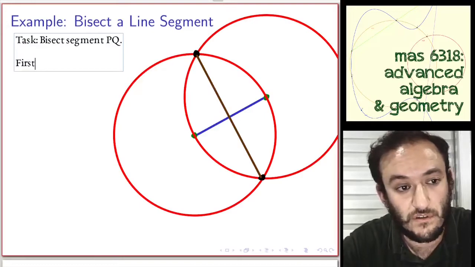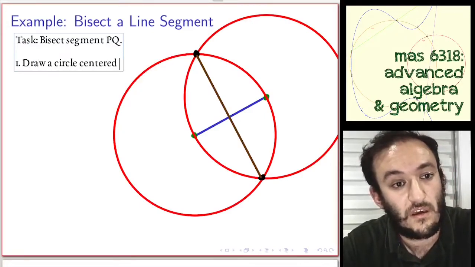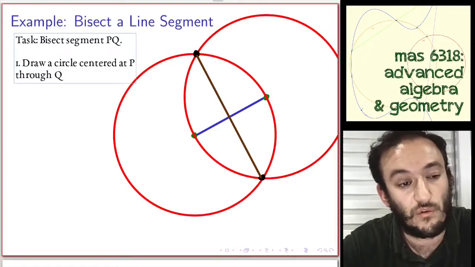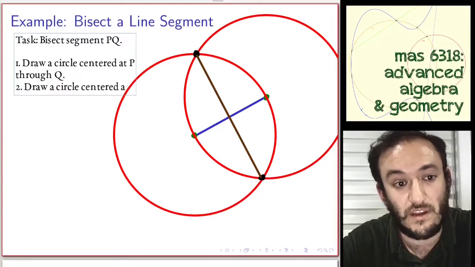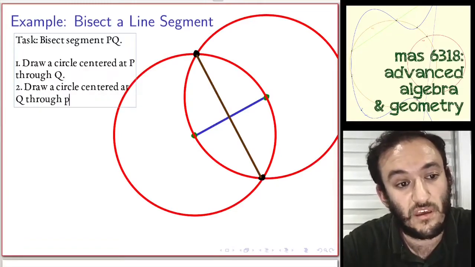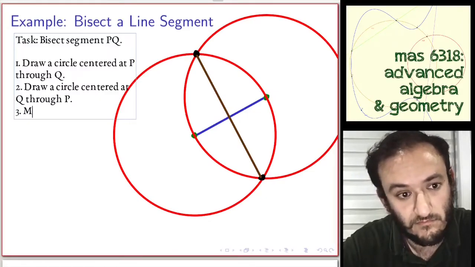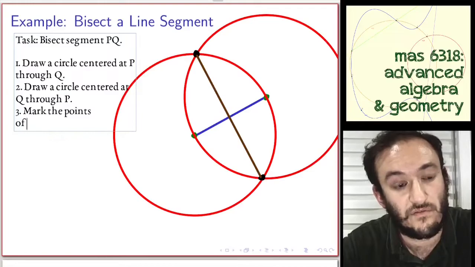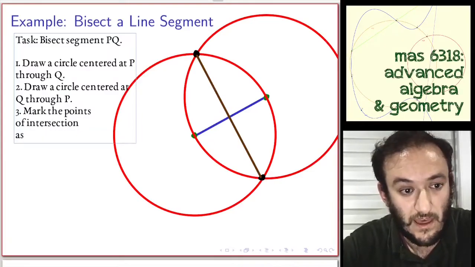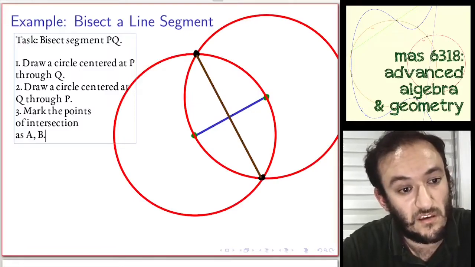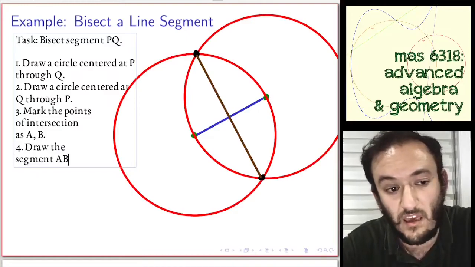First, draw a circle centered at P through Q. And then draw a circle centered at Q through P. Mark the points of intersection as A and B, and then draw the segment AB.